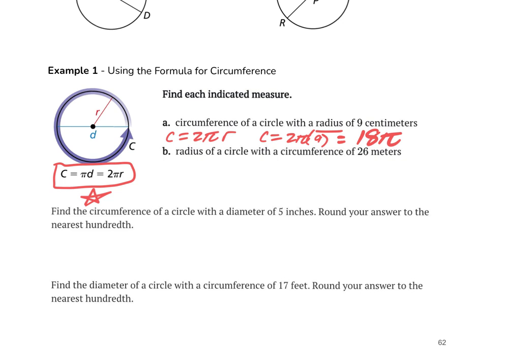Okay, so we should get about 56.55 if we round to the nearest hundredth. We might round to different places there.